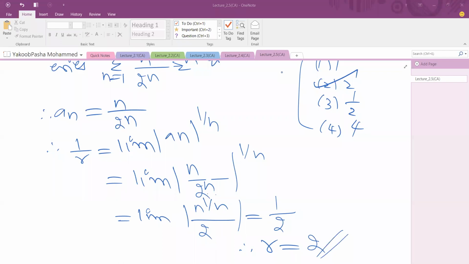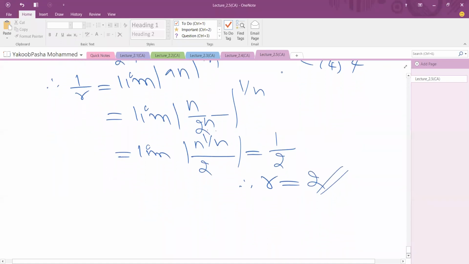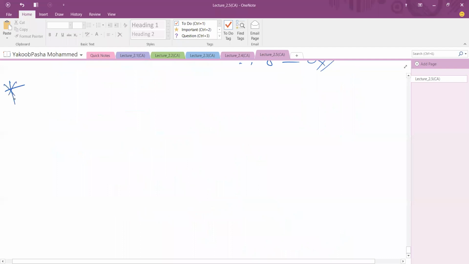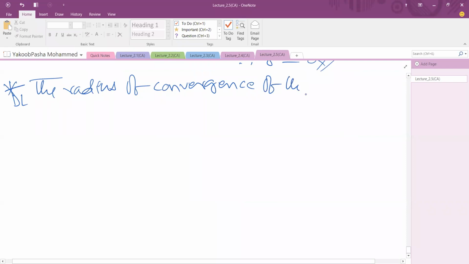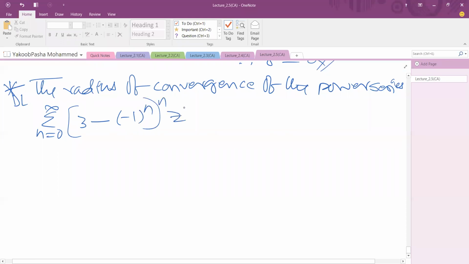Now I am taking one problem from DL. The radius of convergence of the power series summation n equal to 0 to infinity, 3 minus of minus 1 to the power of n whole to the power of n, z power n is, okay, 2012 DL.